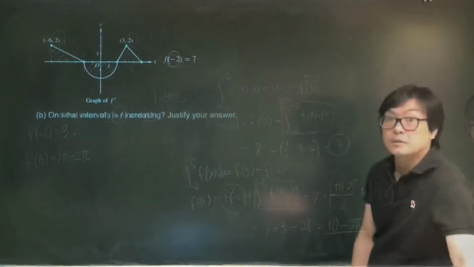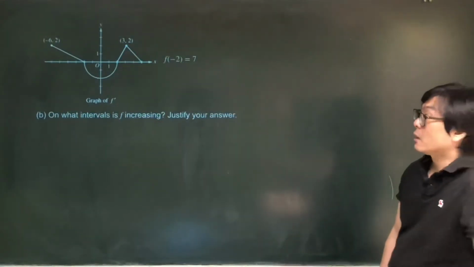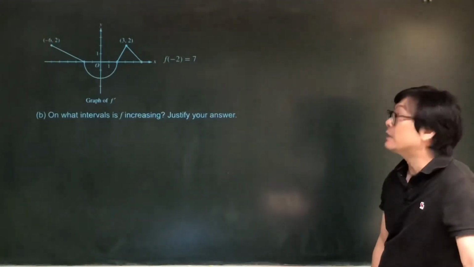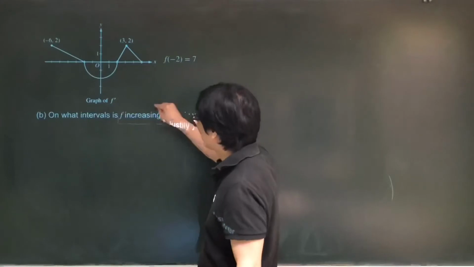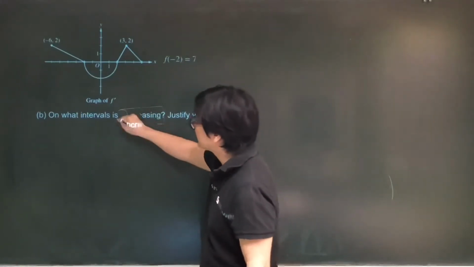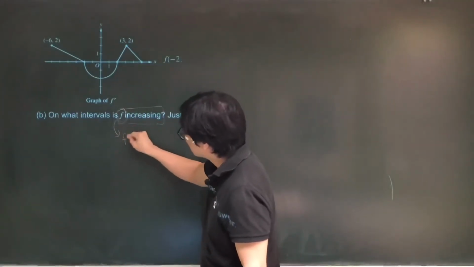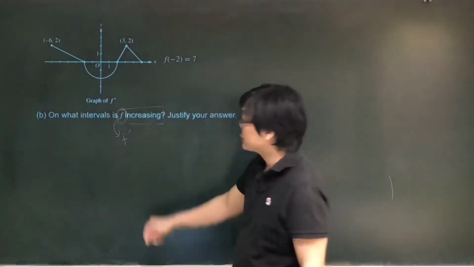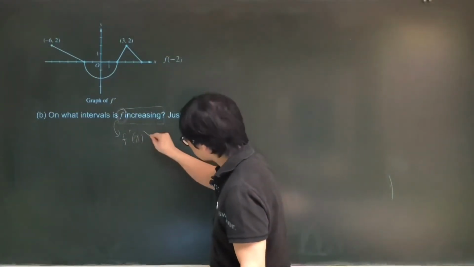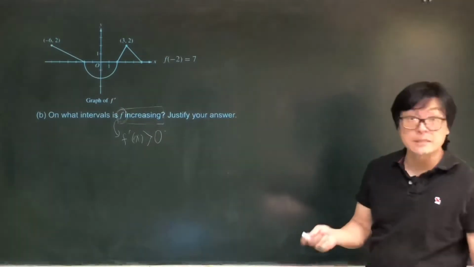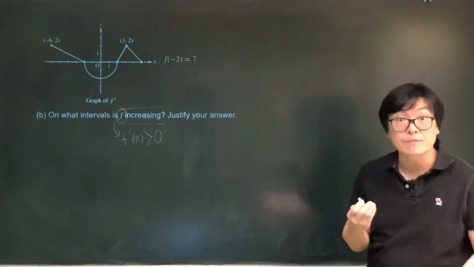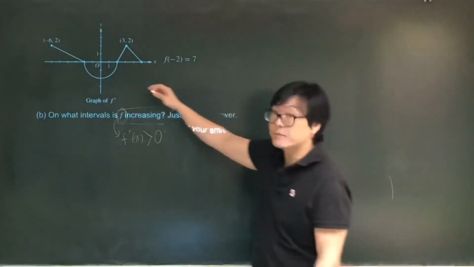Okay, so for question B, on what interval is f increasing? We're asking about f increasing. To find out where f is increasing, we need to check the sign of f prime, and this f prime must be greater than 0 to make f of x increasing. Where do we have f prime x? This graph is f prime x.